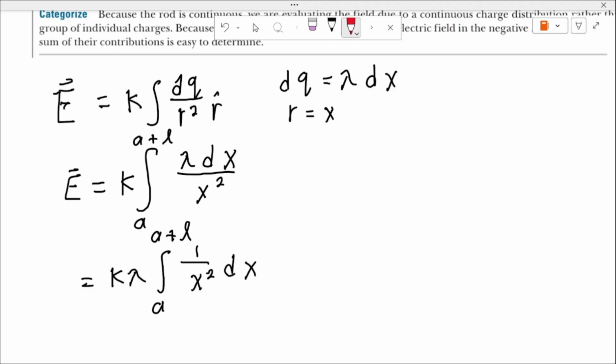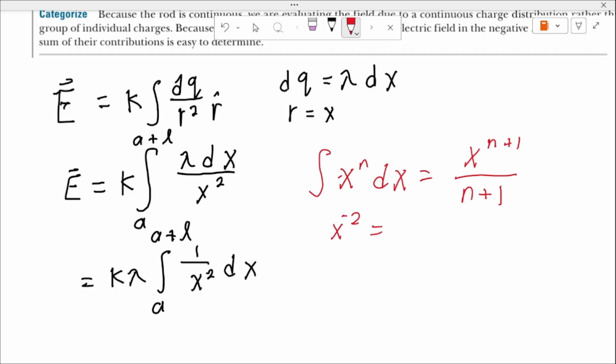To evaluate this, we'll use the inverse power rule, which states that the integral of x to the n dx equals x to the n plus 1 over n plus 1. So we add 1 to our power and then divide by the new power. In this case, our power is x to the minus 2. Negative 2 plus 1 is x to the minus 1 divided by negative 1.